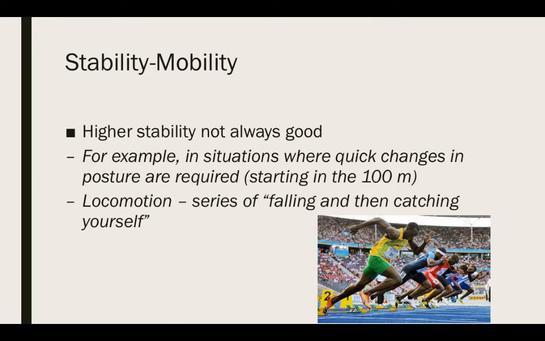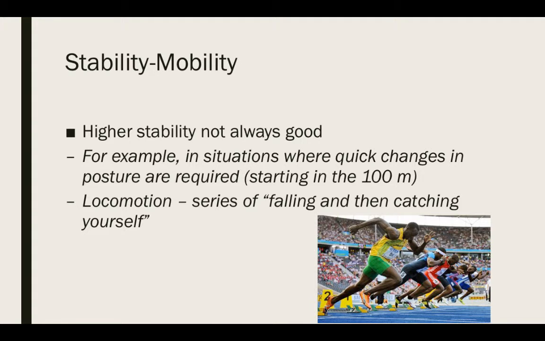While maintaining stability is important for some movements, we are better exploiting the principles by remaining unstable. For example, running, walking, and locomotion in general are examples of us falling and catching ourselves over and over again.